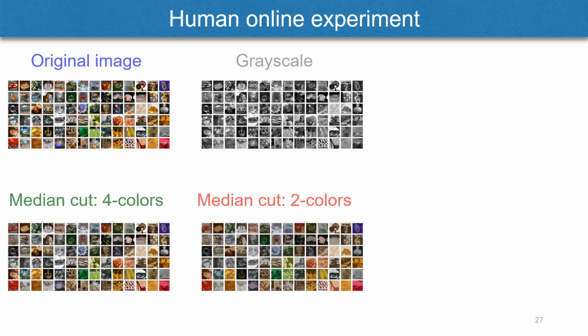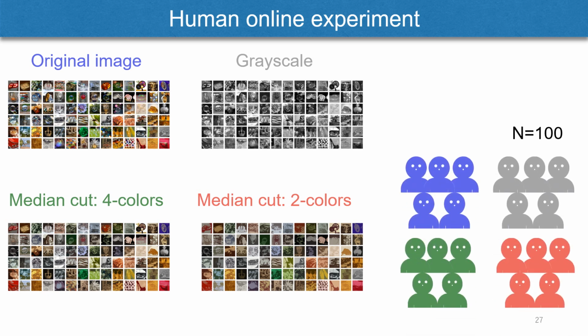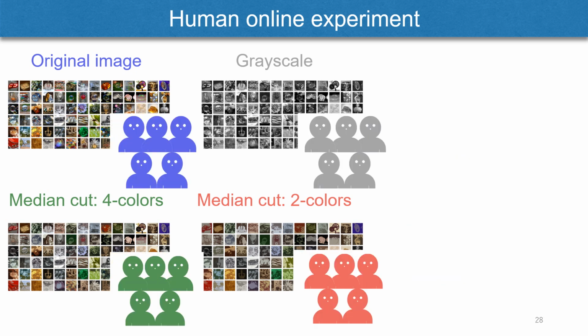From these images, I created 4 color conditions: original, grayscale, 4 colors by median cut, and 2 colors by median cut. For the experiment, I recruited 100 participants and assigned 25 to each condition to ensure that the same participant did not see the same original images.